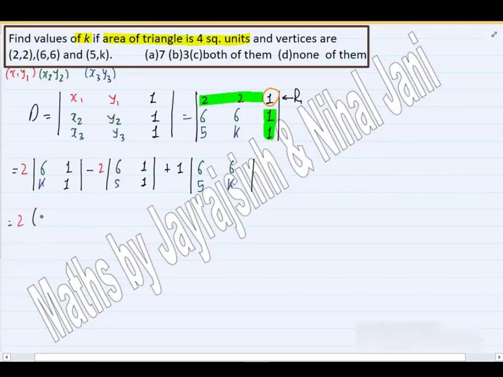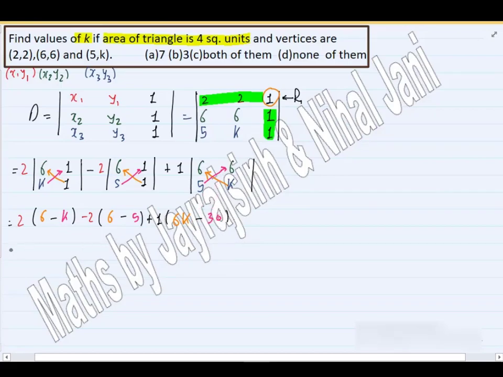2 will be as it is, and 1 6s are 6 minus k 1s are k. Then minus 2 will be as it is, and here 1 6s are 6 minus 5 1s are 5. And in the last determinant we will get k 6s are 6k minus 5 6s are 30, right?